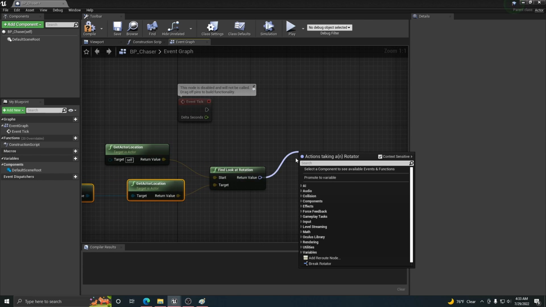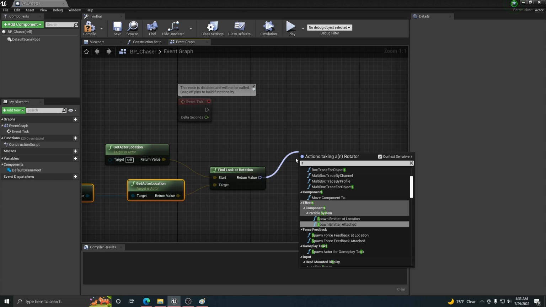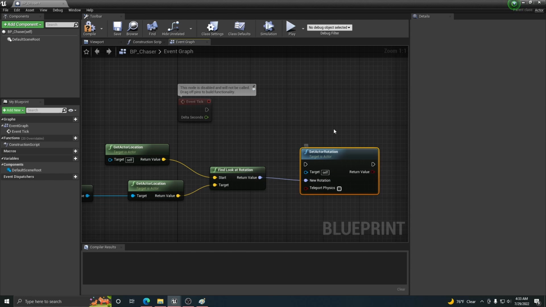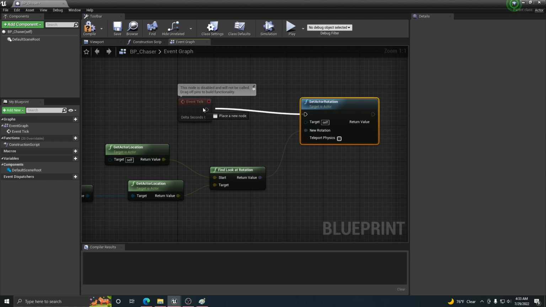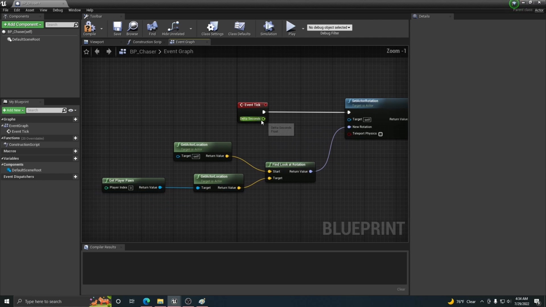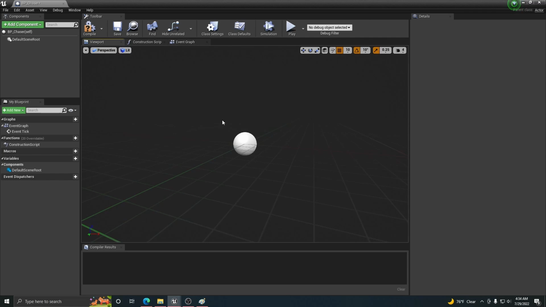Find look at rotation, we're gonna say the product of that is set actor rotation. And it's just like that. That function should make the chaser always look at the player.